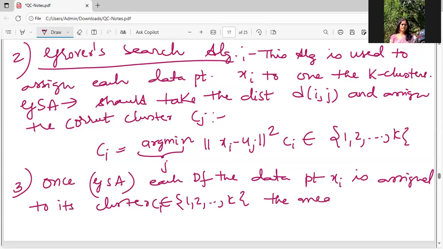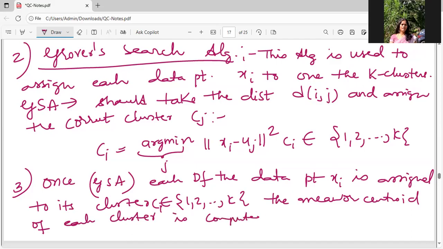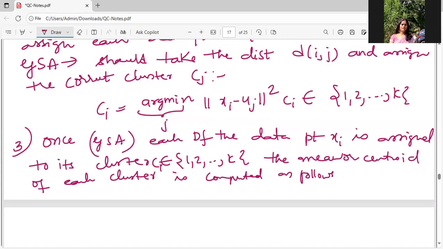Again, because I have to change the centroid, I have to update the centroid. The mean or centroid, as per the steps in k-means, of each cluster is computed as follows. How? I will just give the procedure.